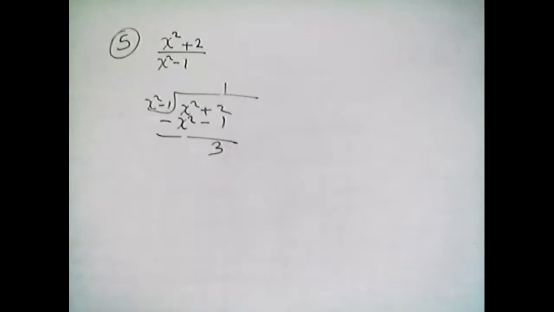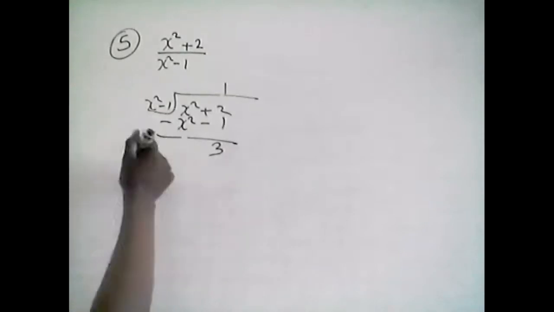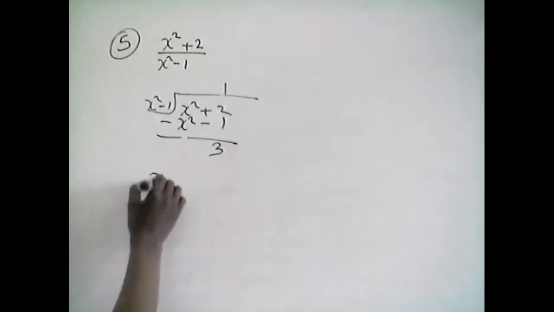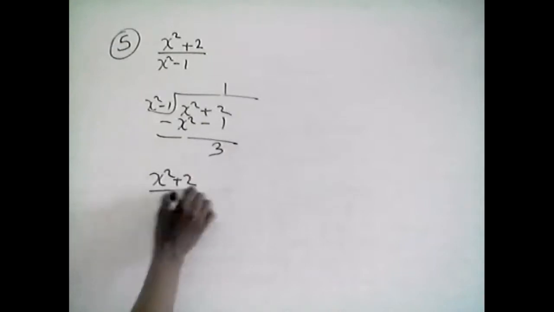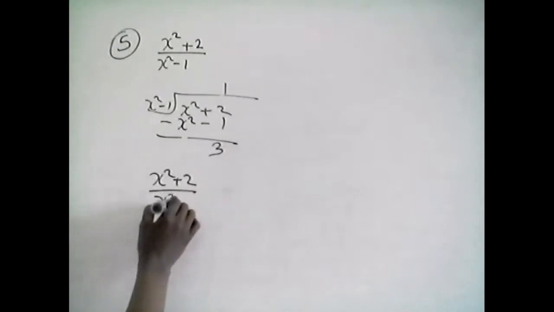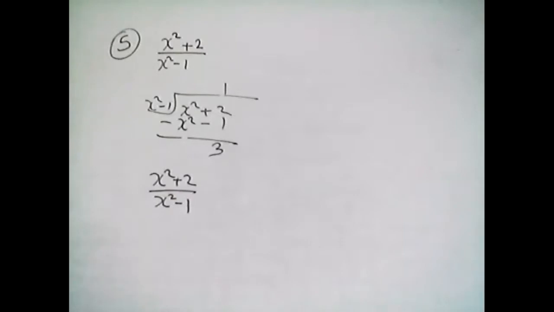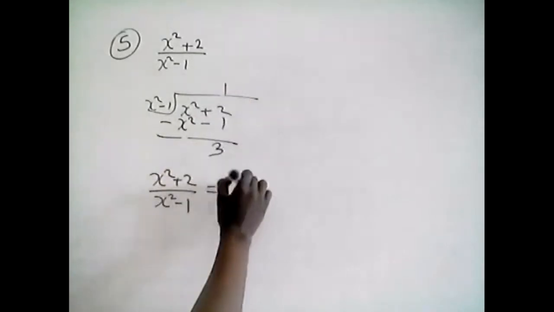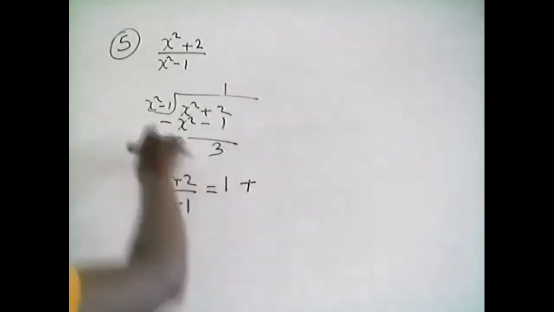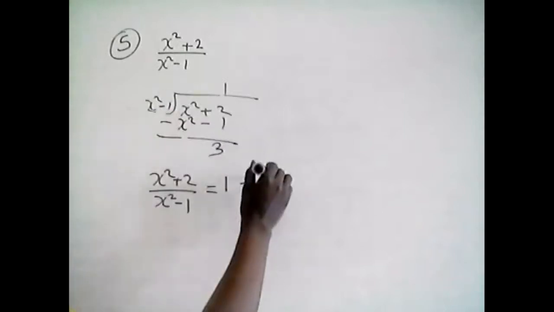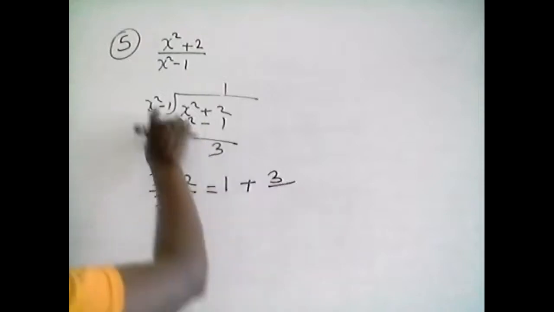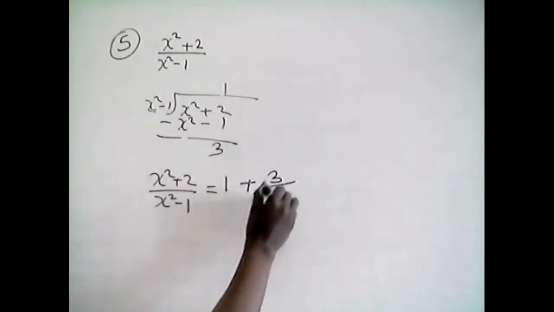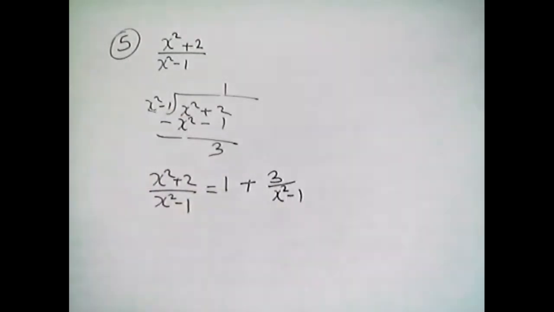So in short, we have x squared plus 2 over x squared minus 1 equals 1, what we found there, plus the remainder over this x squared minus 1.